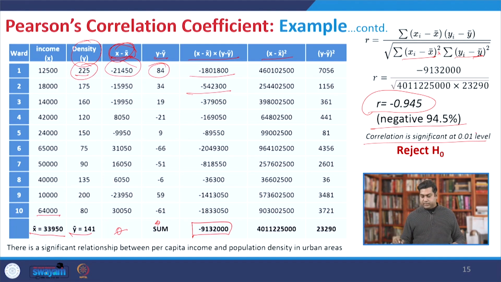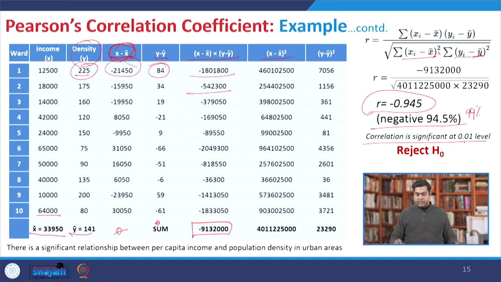That means it is almost a 99% confidence level. Earlier we were taking 5%, but here it is 99%. If you perform this in Excel or in SPSS or any statistical software, you get all those significance values.